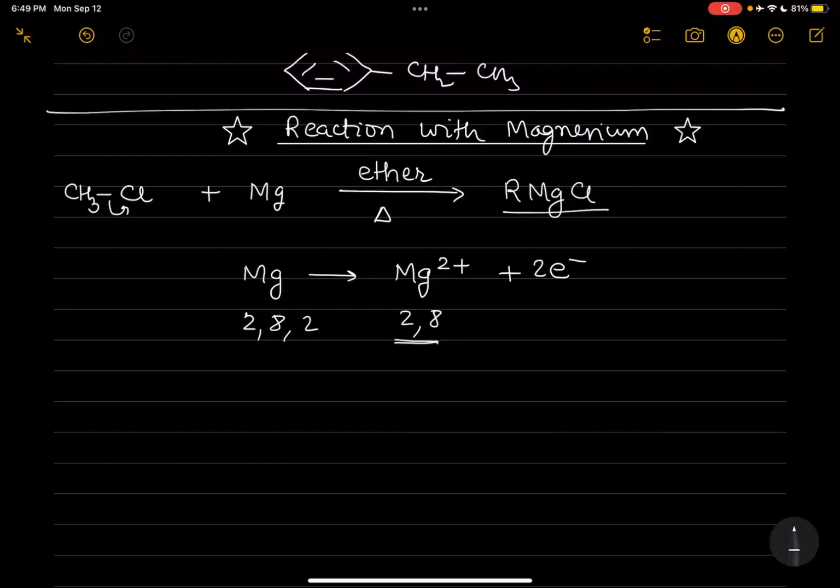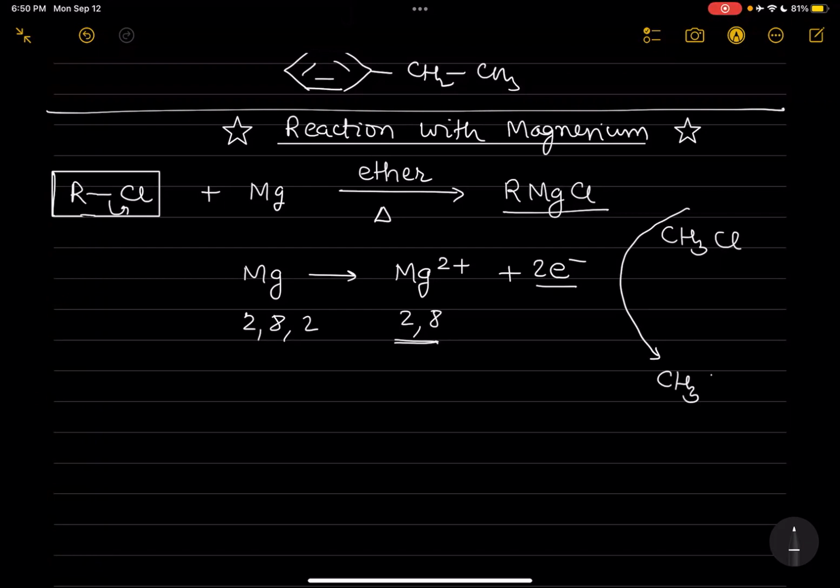So where will these 2 electrons go? The CH3Cl or alkyl halide which you have taken will react with these 2 electrons. Carbon has plus charge, Cl has minus charge. So carbon plus will gain 2 electrons and become carbon minus. When magnesium reacts with CH3Cl, let's say this is RCl, it changes to CH3MgCl.